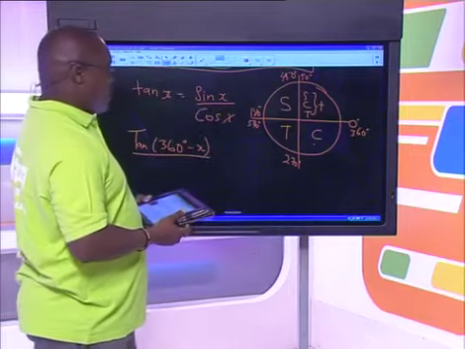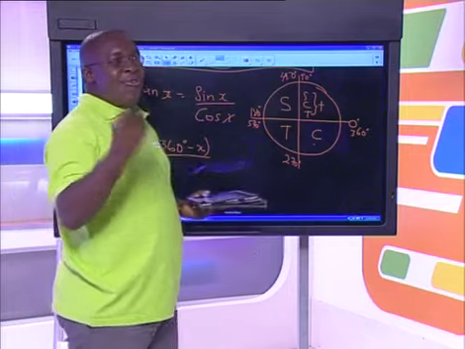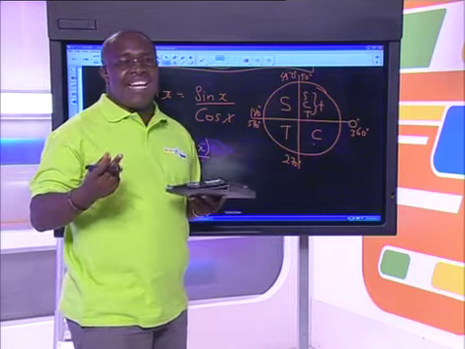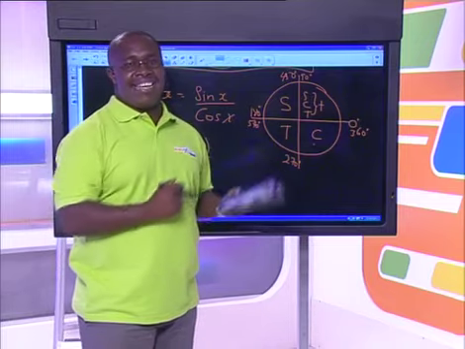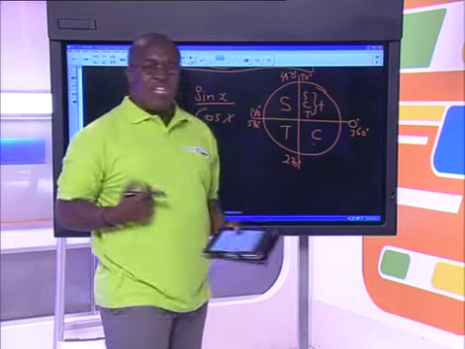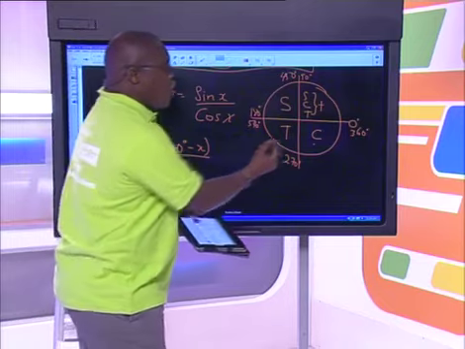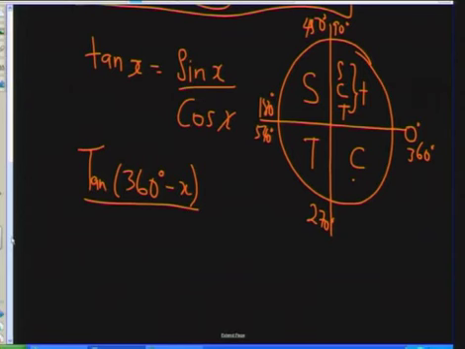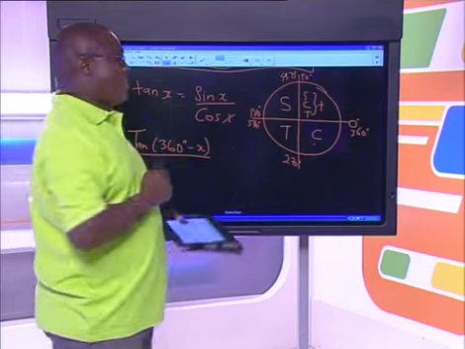In the fourth quadrant, you ask yourself, what is the value of tan? Is it positive or negative? When you look at it, you'll find that only cos is positive, so tan is going to be negative in the fourth quadrant.